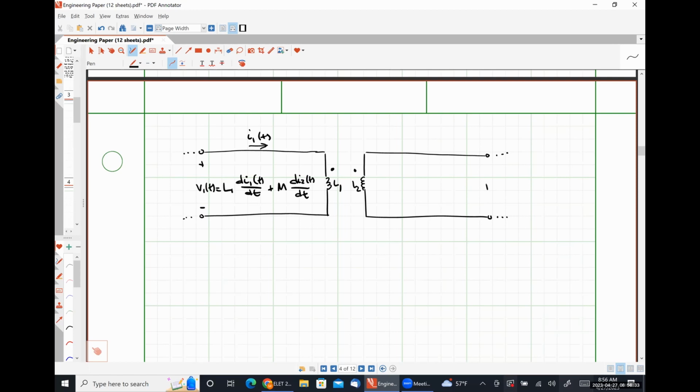Similarly, I'm going to say that V2 is L2 di2 by dt plus M di1 by dt, and my current I2 is flowing in this direction. So this is effectively a generic case of if the dots are on the same side, which is what we're going to see sometimes.